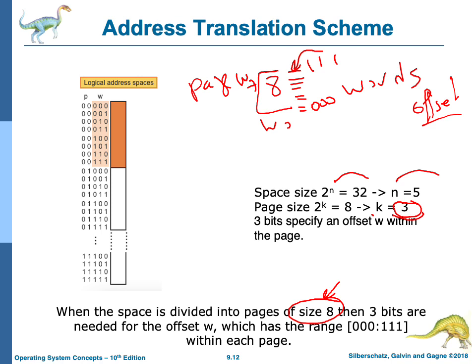So remember, we need the page number. Let's say this is page number 0. And then we need the offset to address each word inside that specific page. So in this scenario, we just found the k, which is 3 bits, which represents the offset.